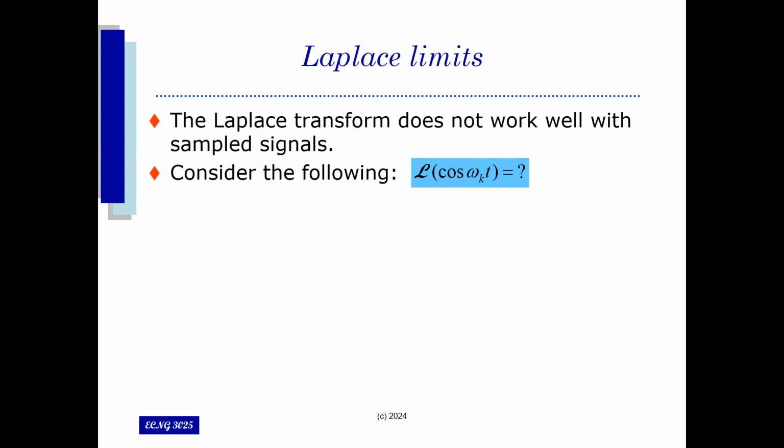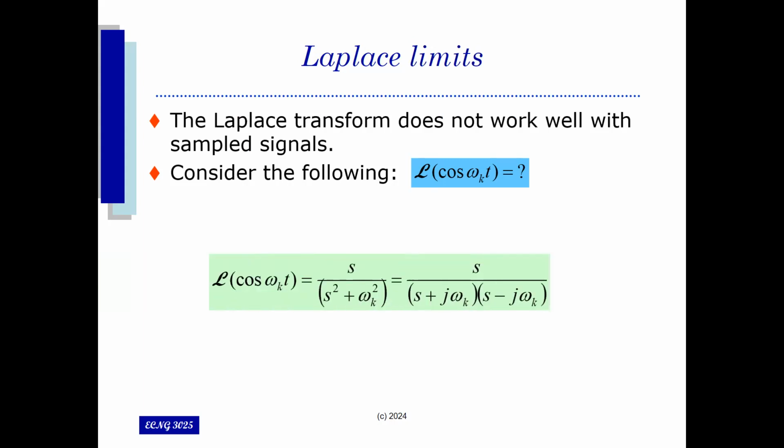If you consider some signal cosine omega_k t and take the Laplace transform of it, you get s over s squared plus omega_k squared. I can factorize the denominator into two parts, s plus j omega_k and s minus j omega_k.